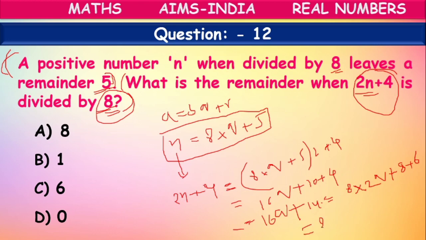If I take 8 as common from these two, here 2q will be remaining plus 8 one time, 8 will be remaining, plus 6 we can write separately. So 8 is the divisor, 2q plus 1 is the quotient, 6 is the remainder. Now they are asking what will be the remainder. So the answer 6 is the remainder.